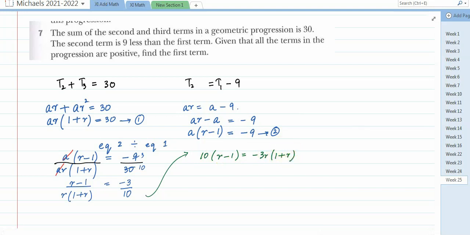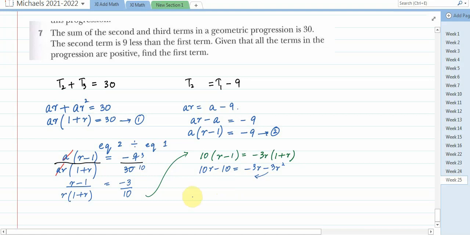You can multiply the brackets: 10r minus 10 equals minus 3r minus 3r square. I'm going to arrange my equation, shifting all the right terms to my left side. So that will be 3r square plus 10r plus 3r minus 10 equals 0.